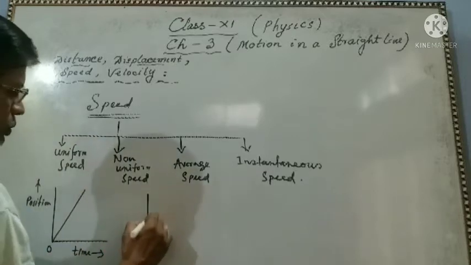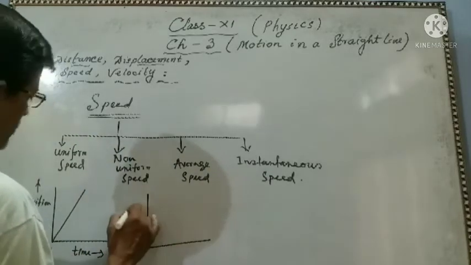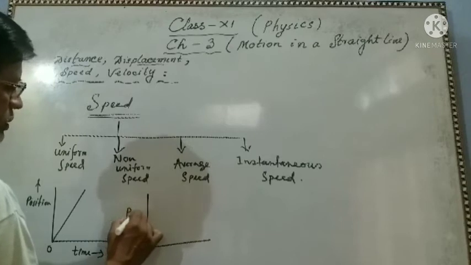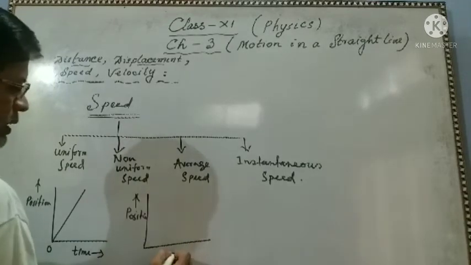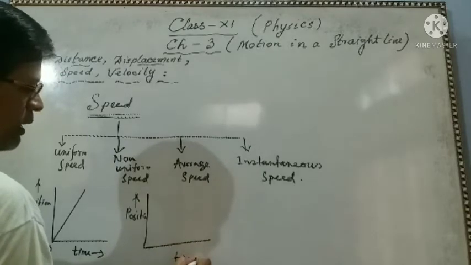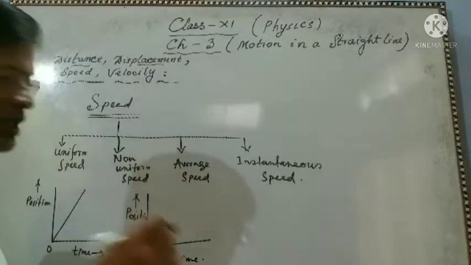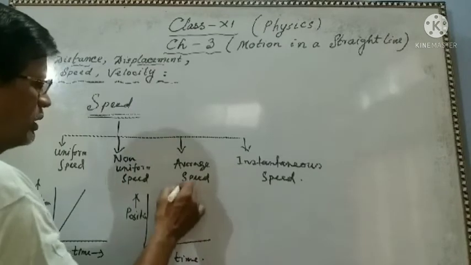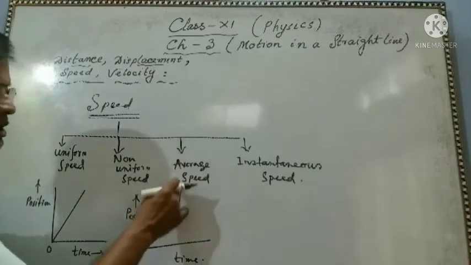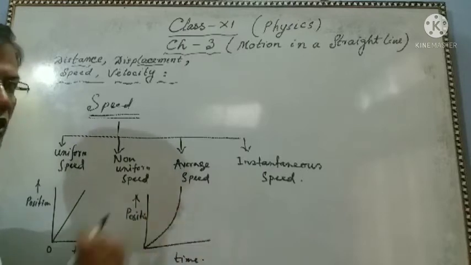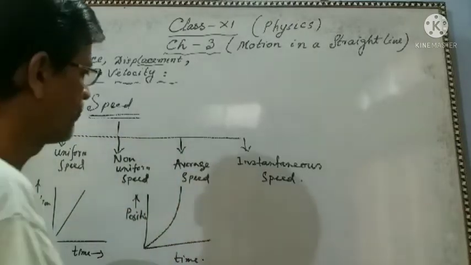If it is non-uniform, position against time, that means speed is changing. So you can draw it like this, or you can draw it like this way also. Here speed is increasing; if you draw it this way, speed is decreasing.